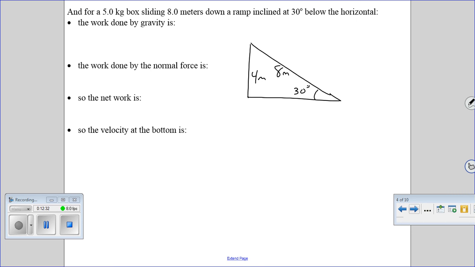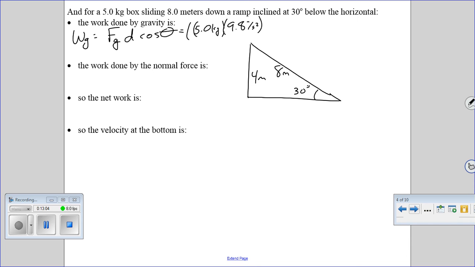If we write it as Fg times d times cosine of theta, then my Fg is still going to be 5.0 kilograms times 9.8 meters per second squared. So that's my force of gravity, right?